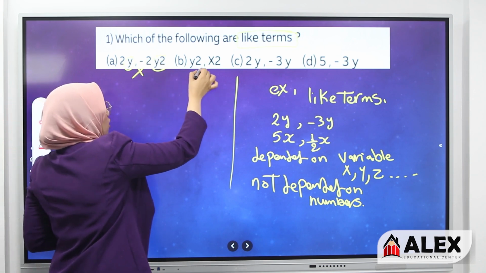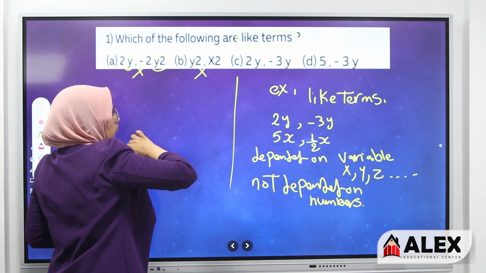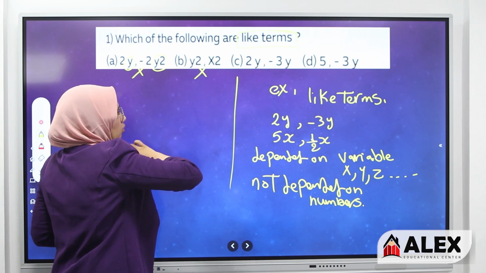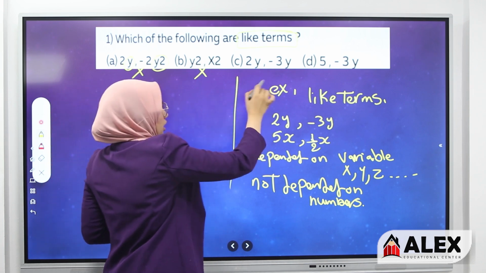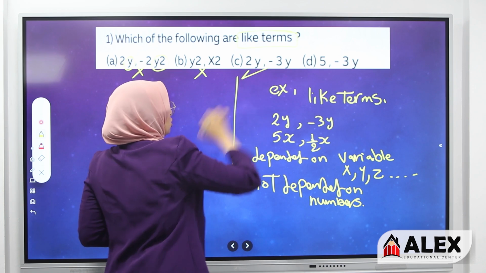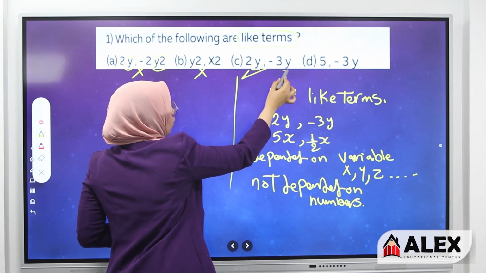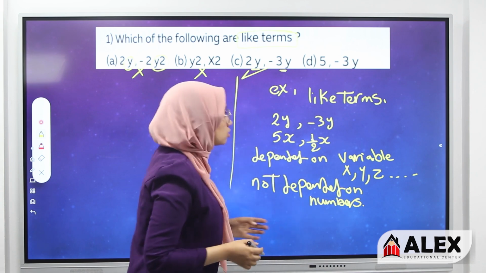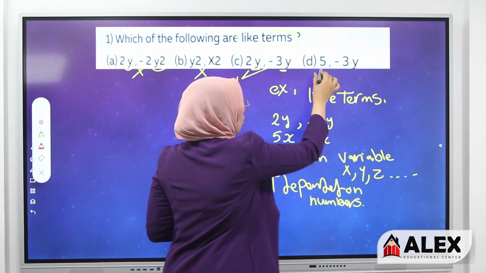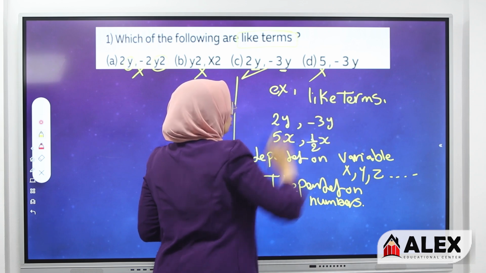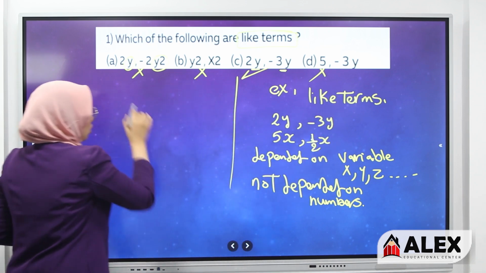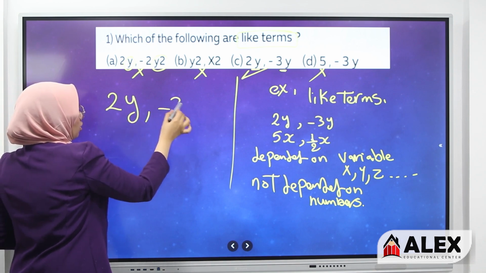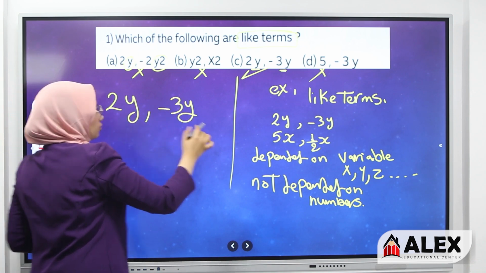And x power 2 y power 2 are not like terms because they have different variables. 2y and negative 3y, that's a like term, y and y, and we don't care about the number. 5 without any variable and y are not like terms. So here the like terms are 2y and negative 3y.